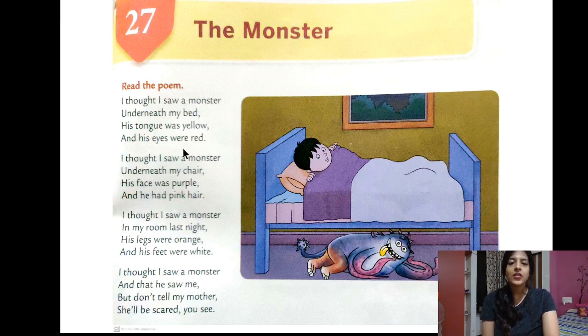But did he really see the monster? He did not. He is thinking that he saw a monster. His face was purple and he had pink hair. So the face of the monster was purple and the hair of the monster was pink. I thought I saw a monster in my room last night. His legs were orange and his feet were white.